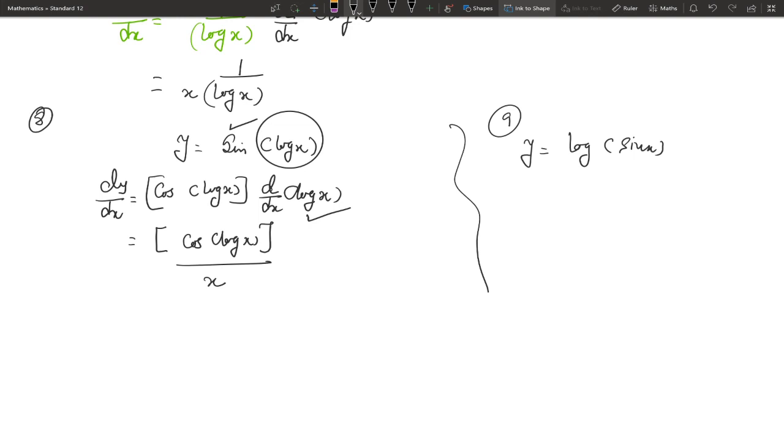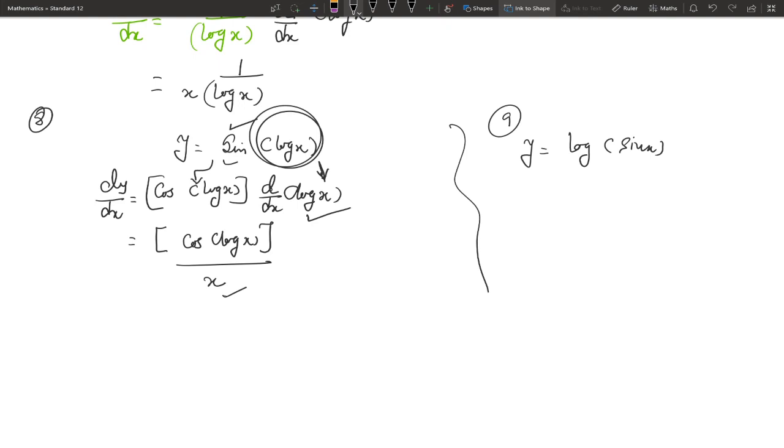So we have differentiated y with respect to x. First we have used d by dx of sine x, that is cos x. So here the derivative is cos of log x. Inside it is a function of x, so by chain rule d by dx of log x, which is 1 upon x.